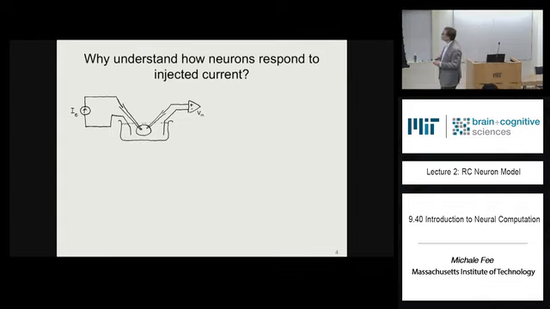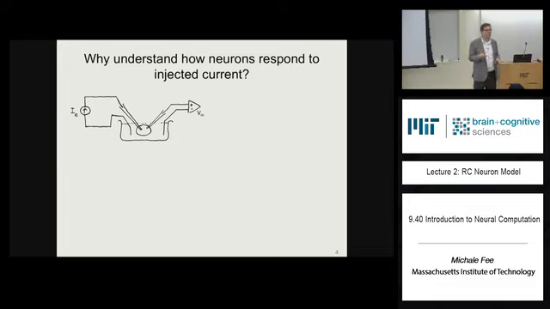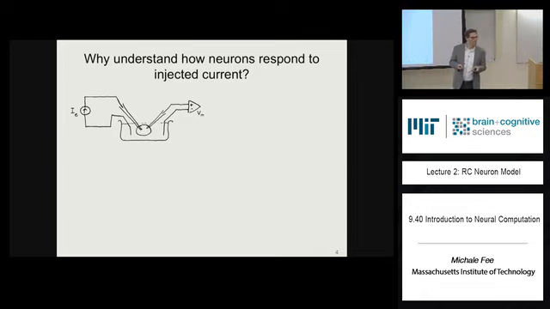Okay? Now, why is it that we want to actually do that? Why is that an interesting or important experiment to do? Anybody have any idea why we would want to measure voltage and current for a neuron in the brain? Yes.